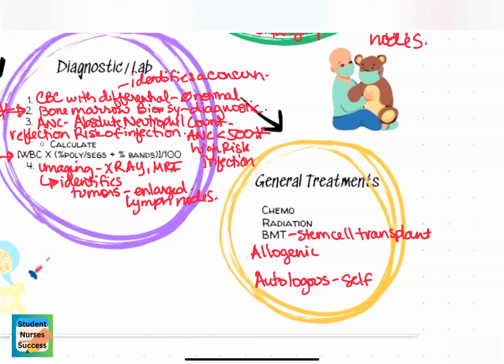So we would store your own bone marrow, maybe give you a treatment that we know will damage your bone marrow, and then after the treatment we can reinfuse your own bone marrow. An allogenic is from a donor. And so sometimes if your stem cells are not correct and they are the problem, we can actually graft in someone else's stem cells and take over and get rid of the cancer that way.